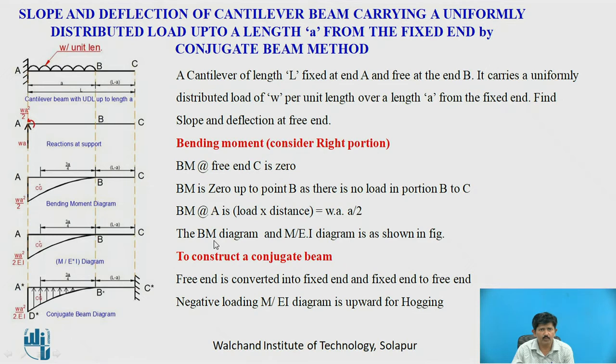So the bending moment diagram and M upon EI diagram are as shown in the figure. So this is the bending moment diagram, and if I divide it by EI it will be the M upon EI diagram. So now we will construct the conjugate beam. The free end will become the fixed end and the fixed end will become the free end, and this is the parabolic curve. Here the unit will be WA square upon 2 EI.